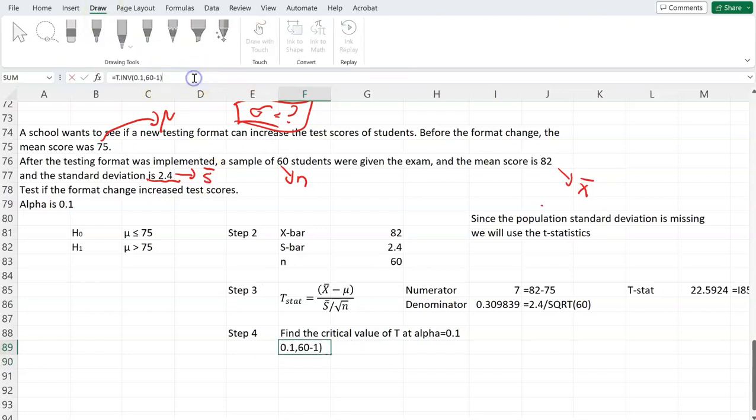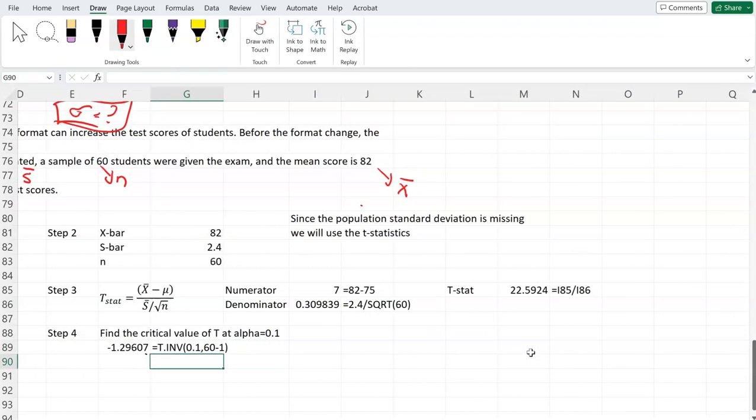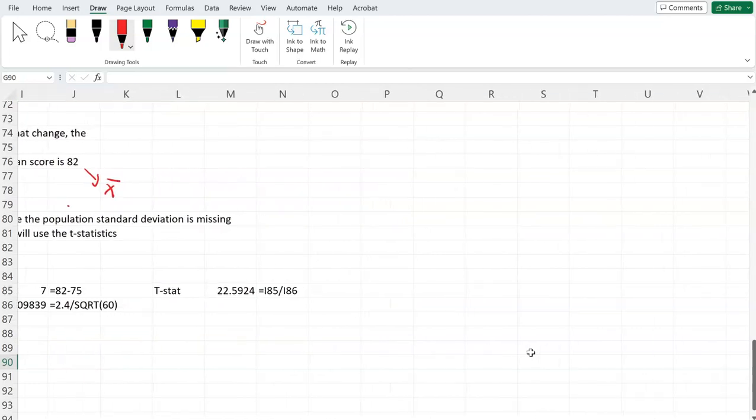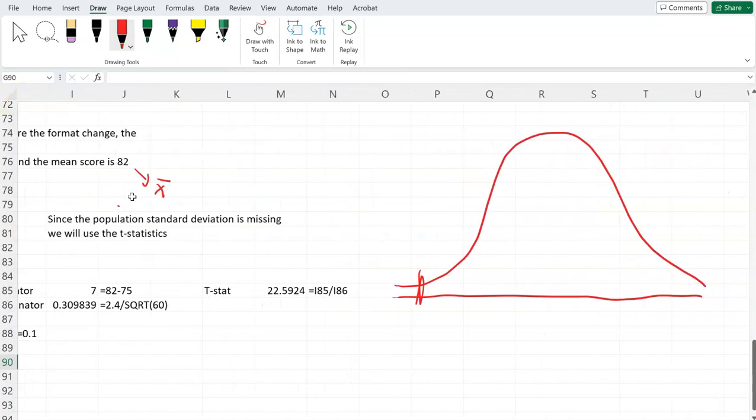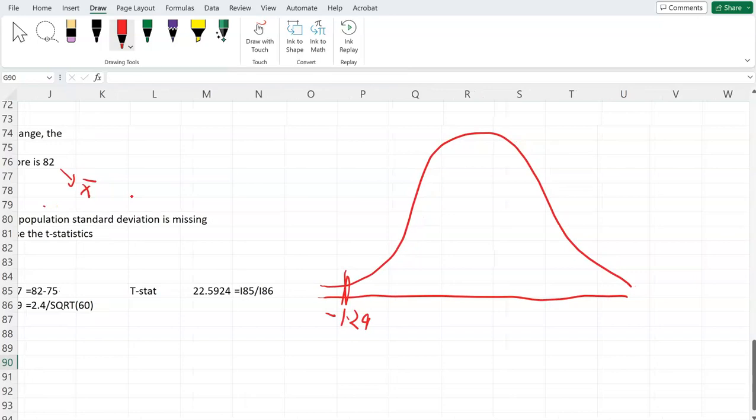But what I can do is, since t distributions are symmetric and it's going to be a right tail test, we actually just found this number, which was negative 1.29. Yes, negative 1.29. But since we are testing at the right tail, we need this number.